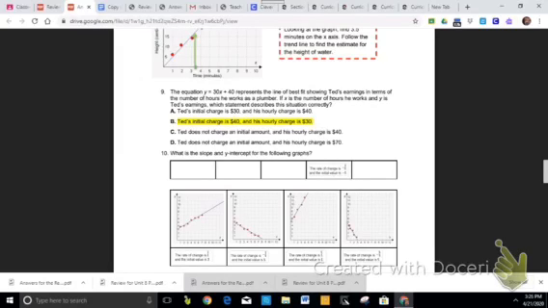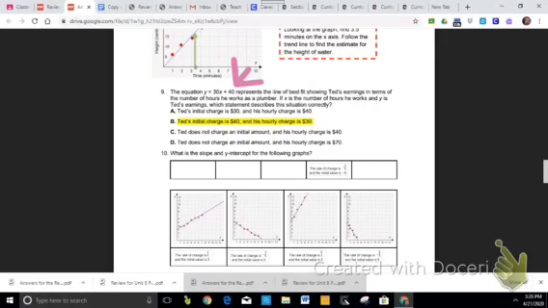Well, let's look at our equation. Our equation is y equals 30x. What did we say we always start with? We always start with our y-intercept, our b.